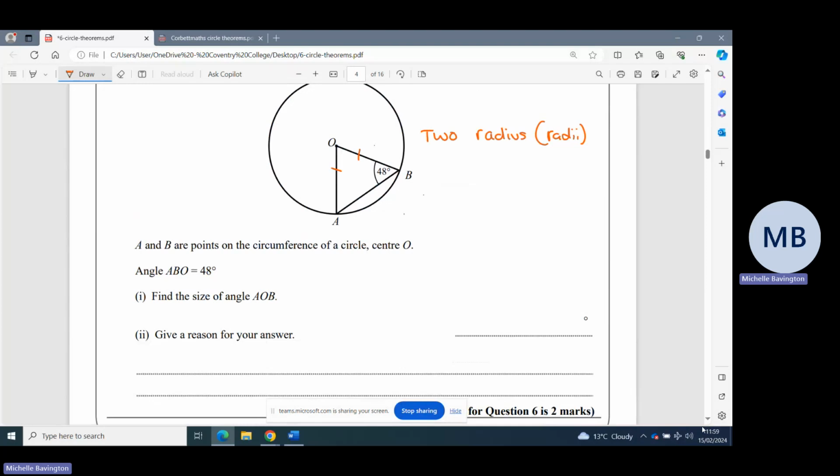It doesn't matter. 2 radius make an isosceles triangle, and the base angles are the same. So the base, the bottom, that will be 48 degrees.